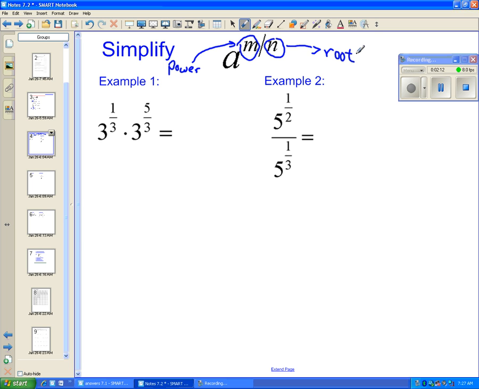I need to keep those separate and know what they're doing. I need to have course pack page 706 next to me so that I can try to do this in my head using that page. If not, I'm going to use my calculator.